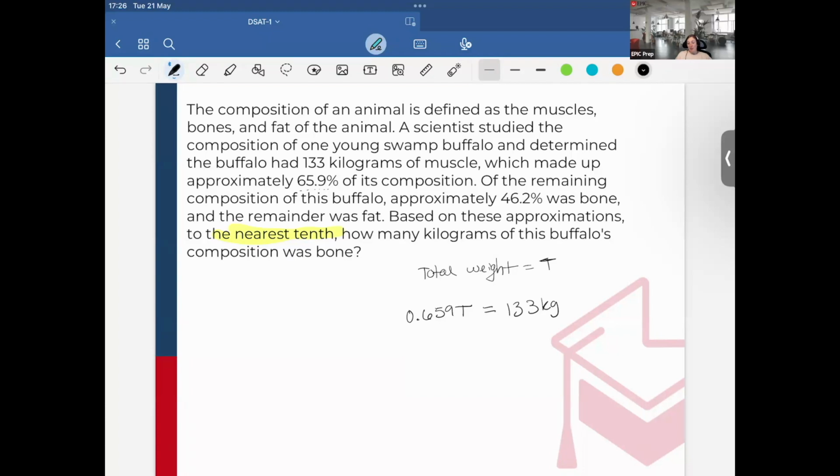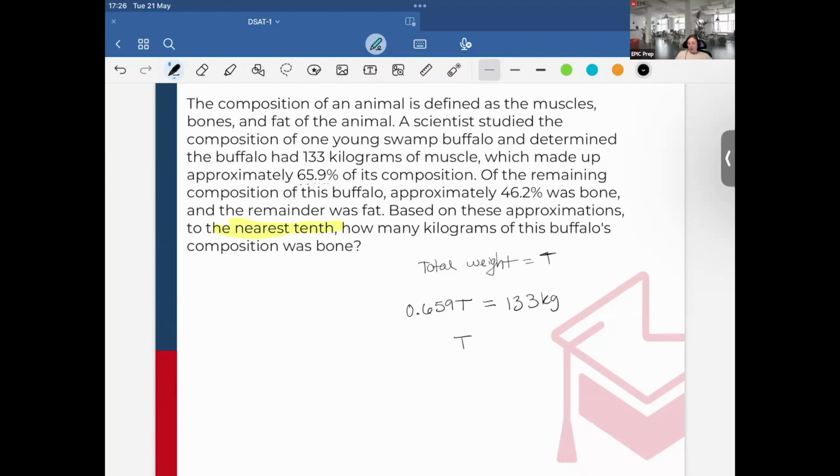So I can find the total weight of this buffalo by dividing each side by 0.659. 133 divided by 0.659 is about 201.8 kilograms. So that's the total weight of the buffalo.